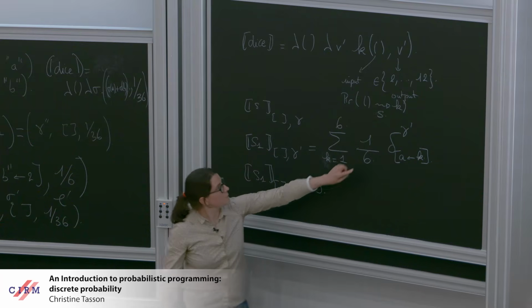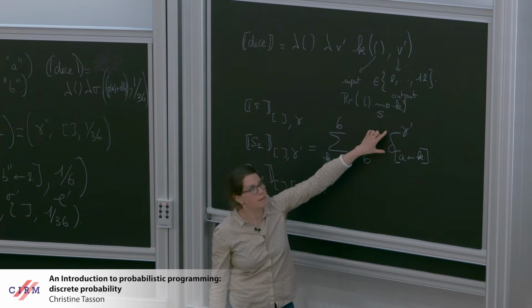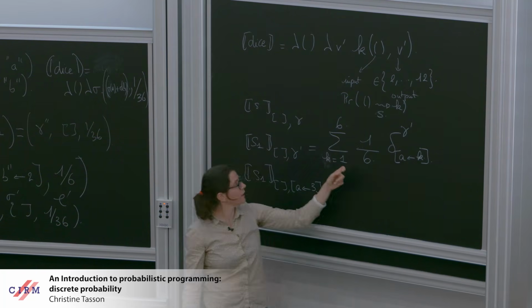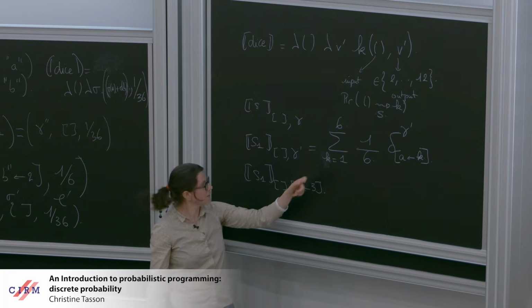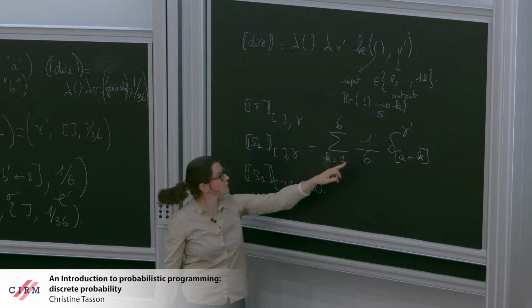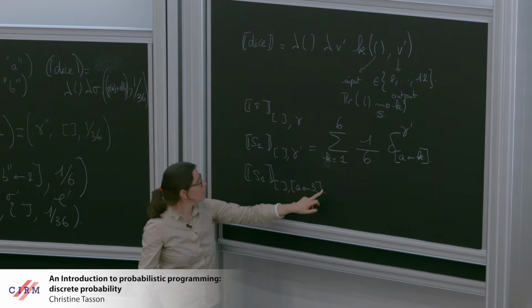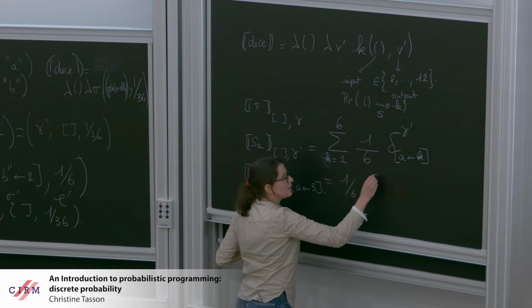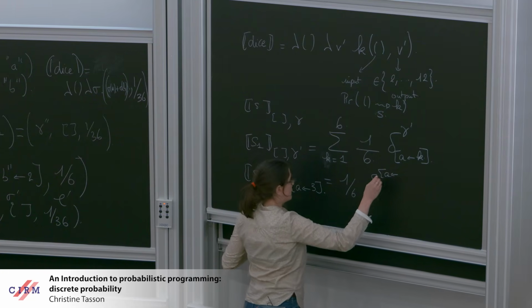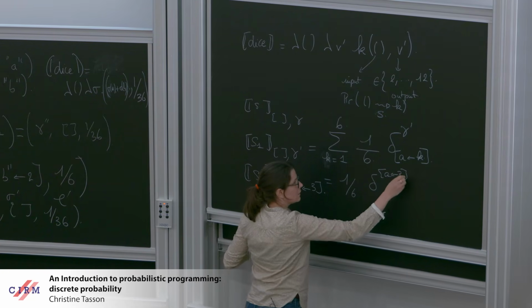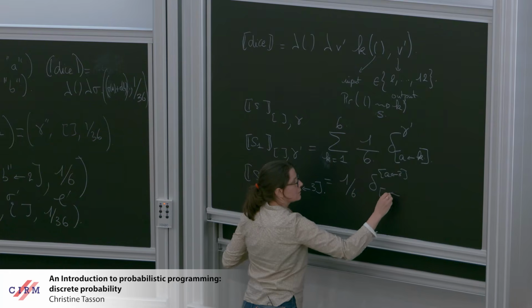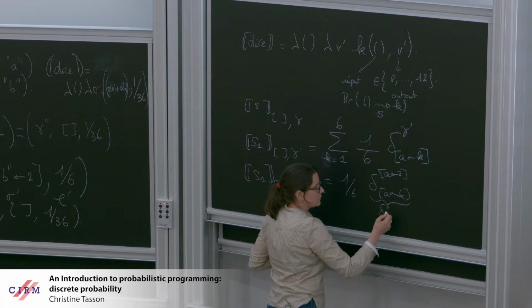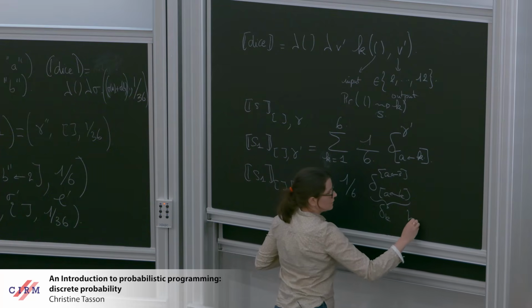In this sum, because this is equal to 1 if gamma prime is equal to this environment and 0 otherwise, I will have only one K which is non-zero. The summand is non-zero, and it will be 1/6 delta A3, so K is equal to 3.